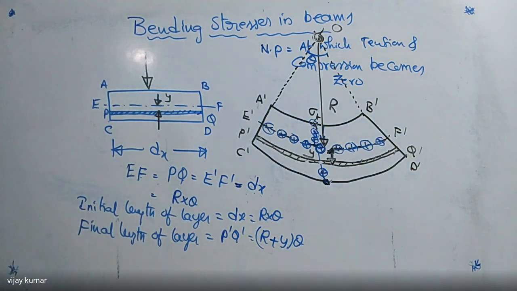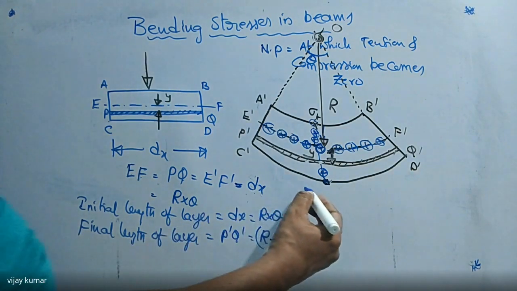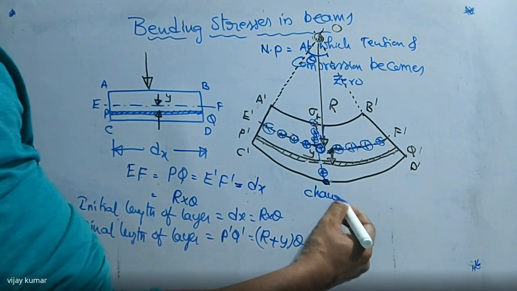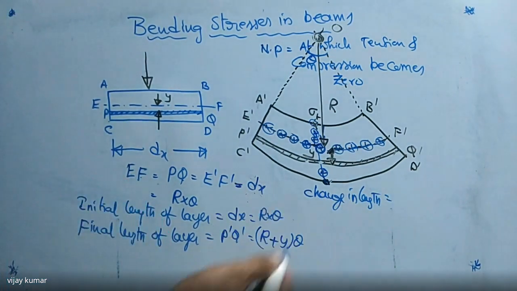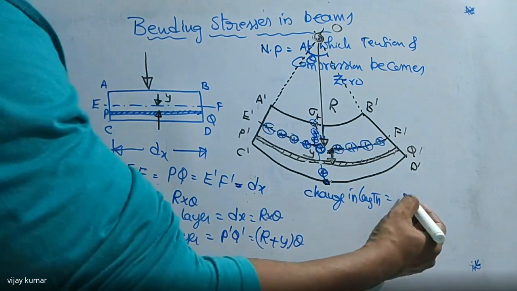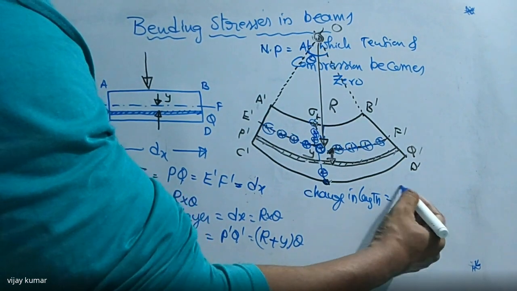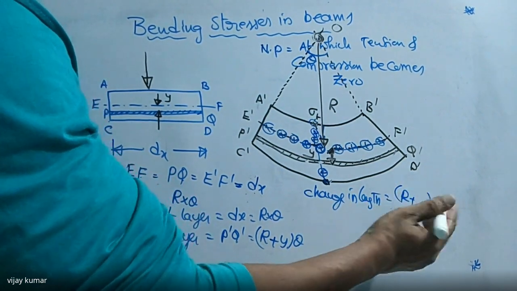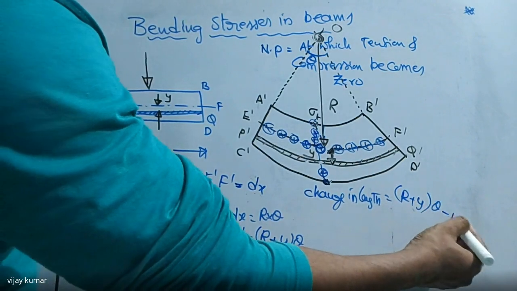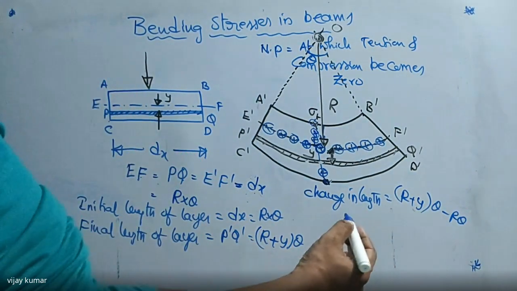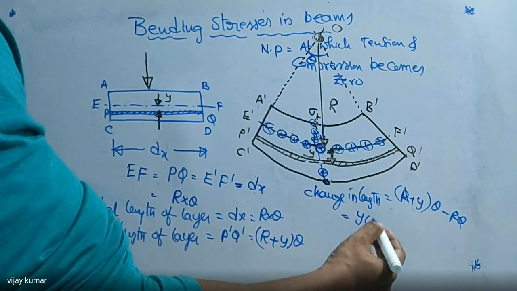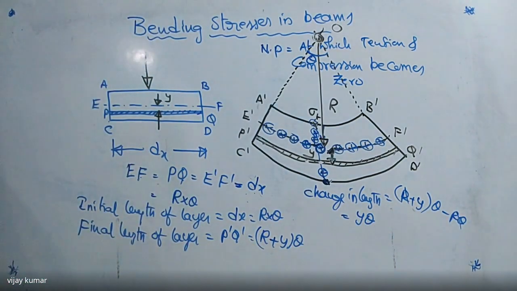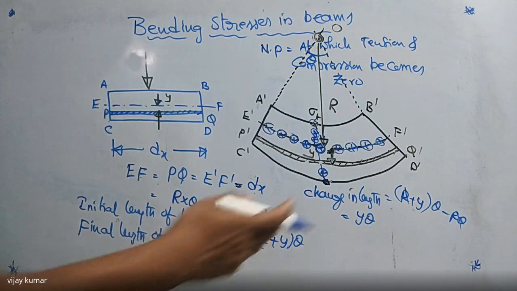How to find the change in length here? Change in length is equal to final length minus initial length. So I'm writing R plus Y into theta minus R theta. Here R theta cancels, and we get Y theta. That is the change in length.